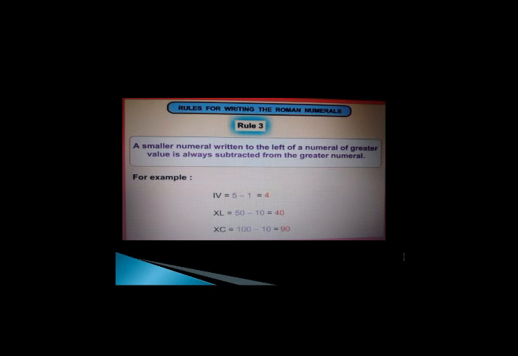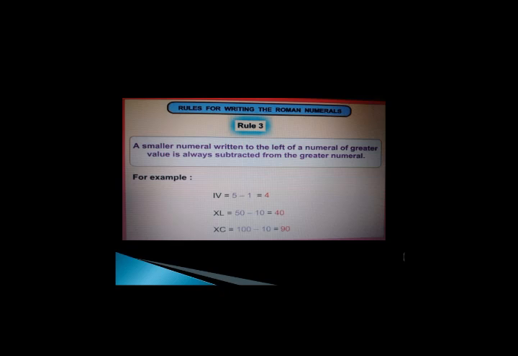See, in rule number 2, we have learned that when the smaller numeral is placed to the right side of a greater numeral, then it is always added. And in this rule, when the smaller numeral is kept at the left of the greater numeral, then it is subtracted. See the examples.